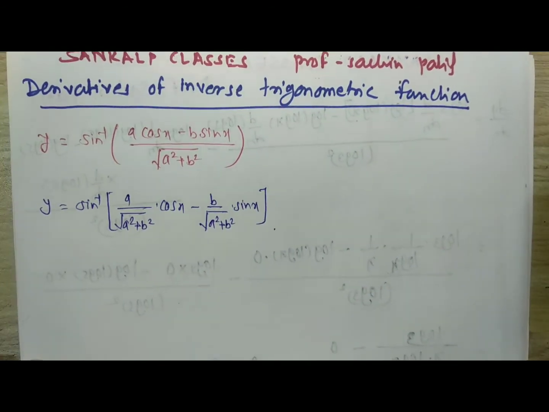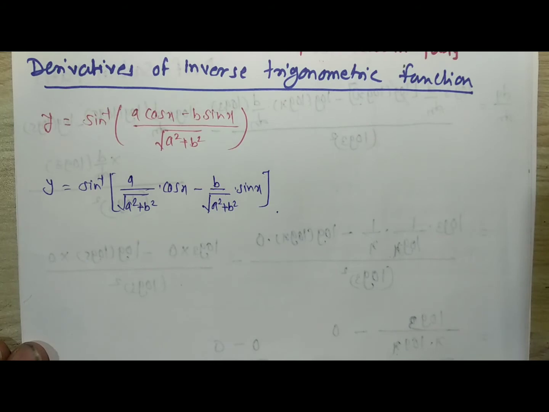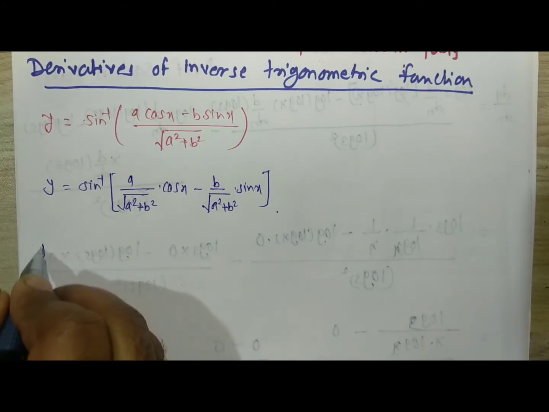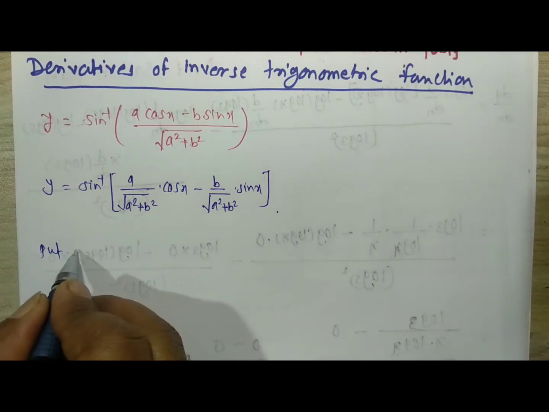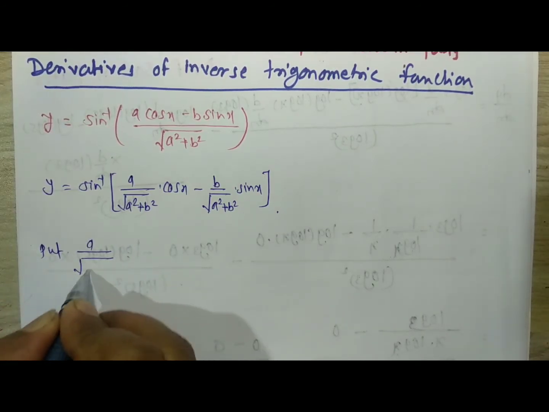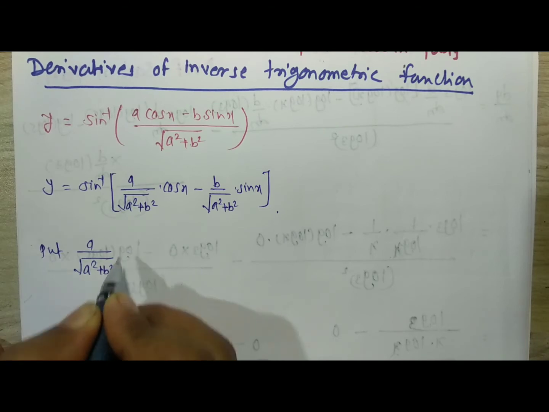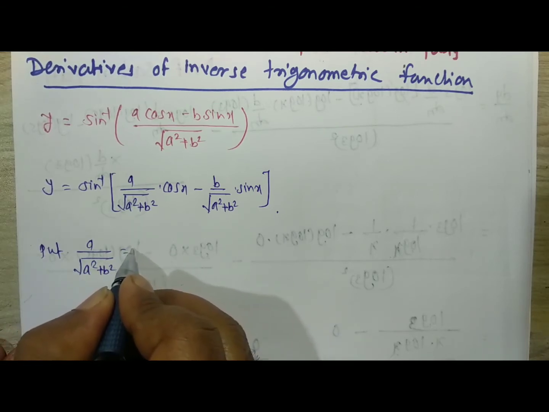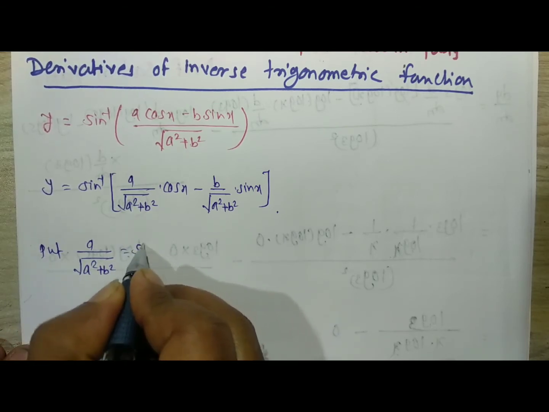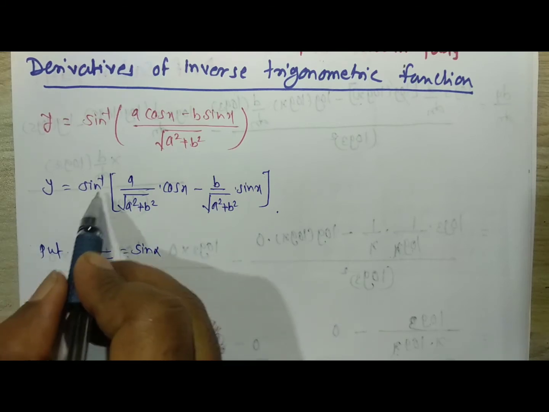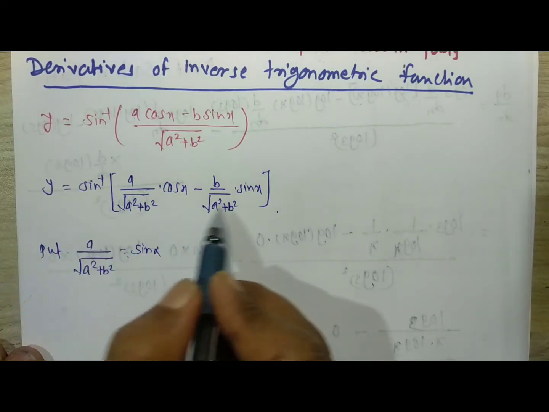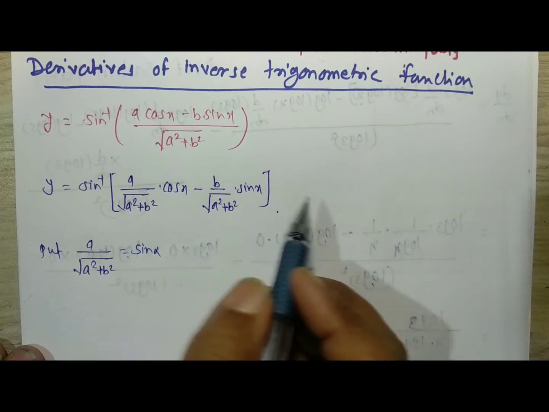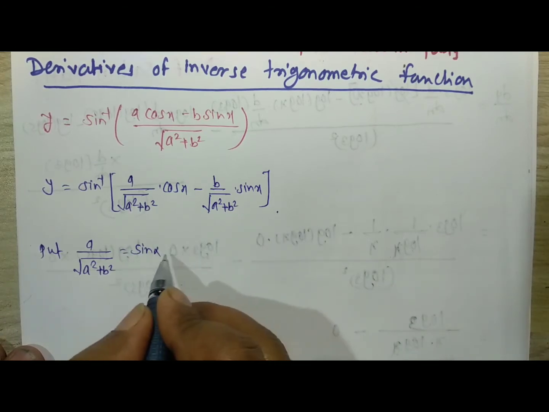Right now, once again, a similar consideration we have to put as follows. Put a divided by square root of a square plus b square is equal to sin alpha, because we know that the sine inverse is here. Then we want to convert that expression in the form of the sine formula, sin alpha.